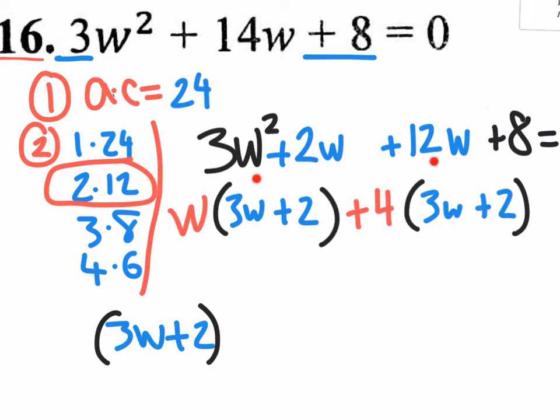If I pull out the 3W plus 2, what's going to be left? Just the W. So let me put the parentheses here, and I'm just going to bring down the W. And if I pull out the 3W plus 2 over here also, what's going to be left? Just the plus 4. So you might as well just write it together instead of exaggerating parentheses the way I normally do. And there's your factored form.